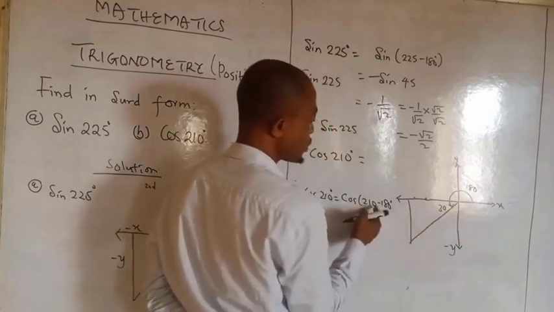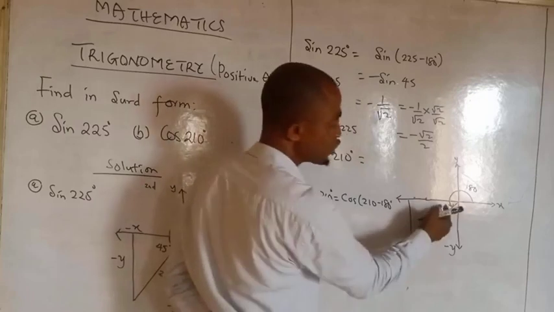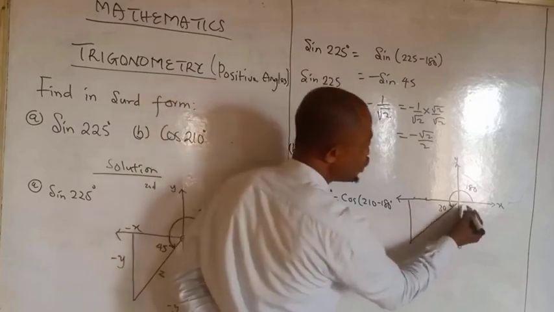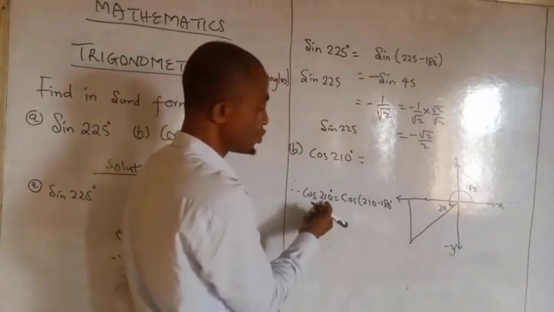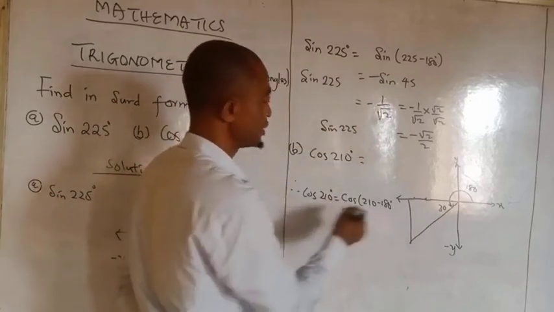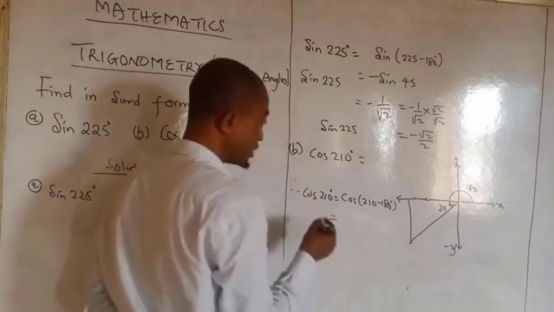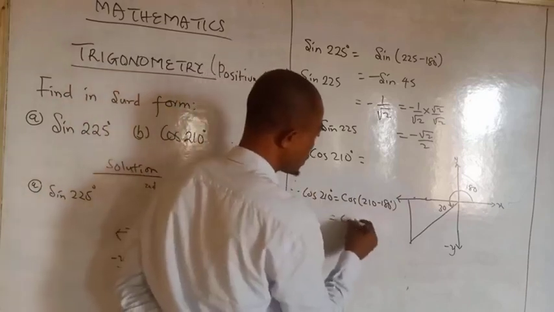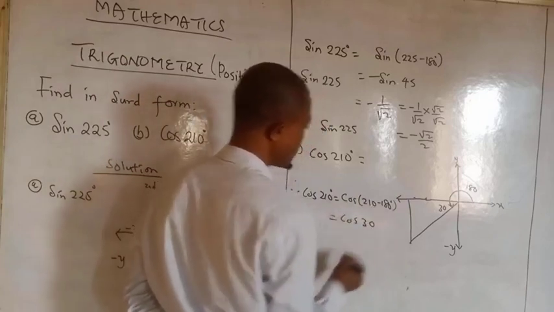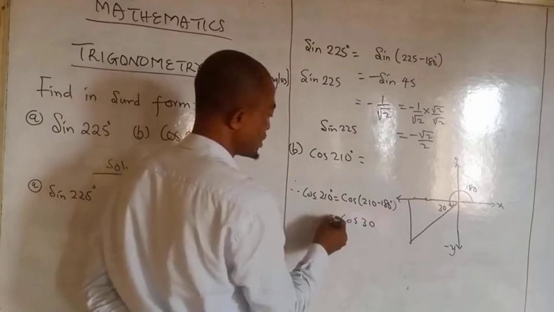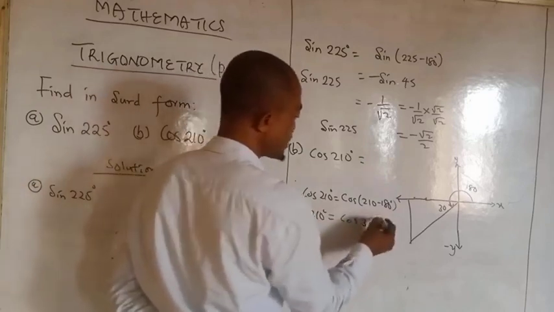I will just remove 180 from 210 to get this 30, because I want to relate this 30 with the whole of the big angle 210 degrees. So that's cos 30. Cos 210 degrees is the same as cos 30 degrees.